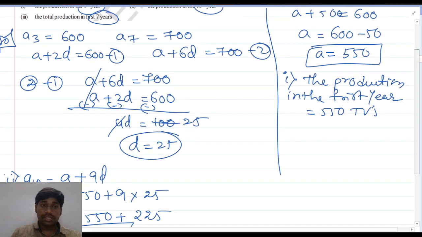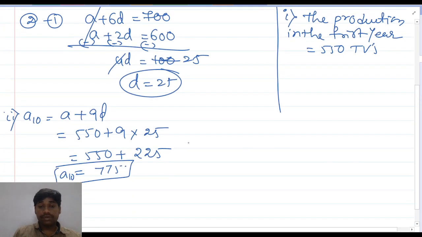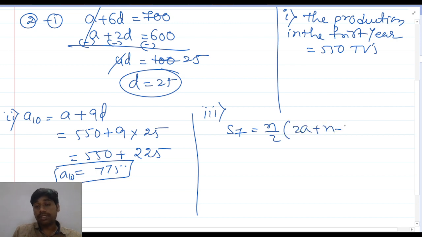Then the total production in 7 years, so the sum of 7 terms we want. S7 is equal to n by 2 of 2a plus n minus 1 into d.